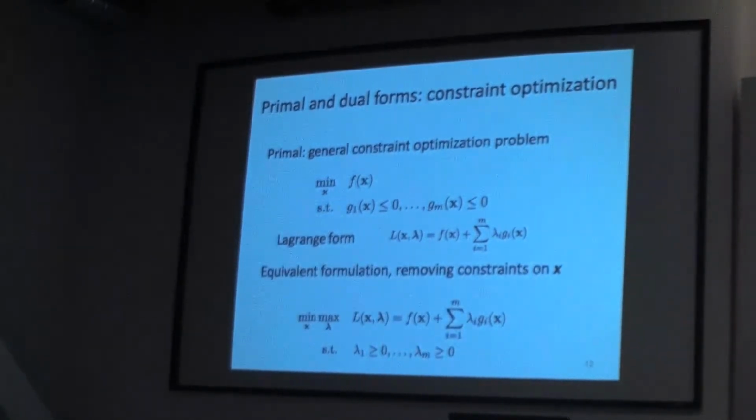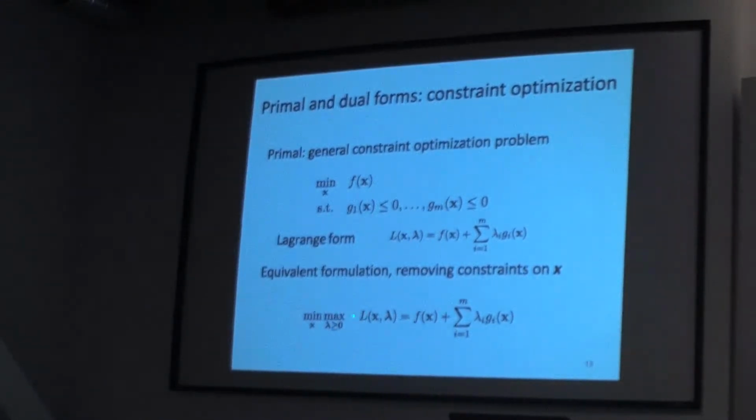A very important conclusion is that solving this constrained optimization problem is equivalent to solving a minimax optimization problem over the Lagrange function, with an extra constraint that the Lagrange multipliers are non-negative. For simplicity, I'm going to put the constraint on the bottom of the max. This is a bi-level optimization problem.